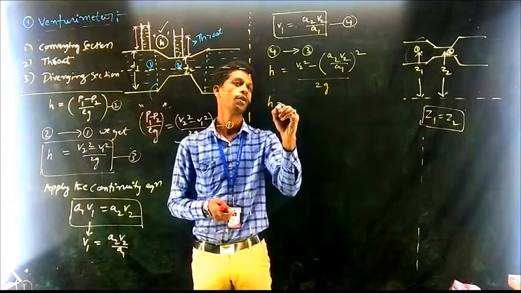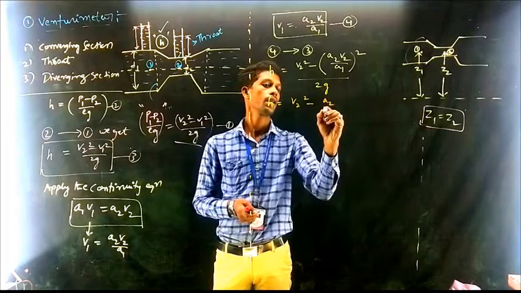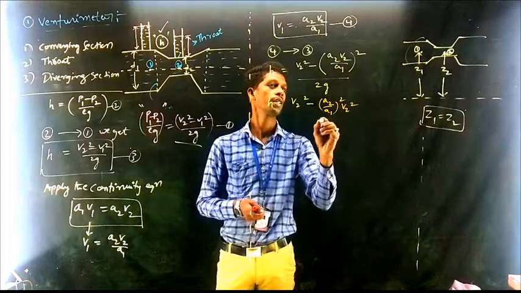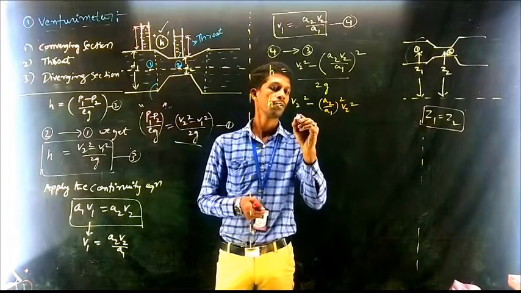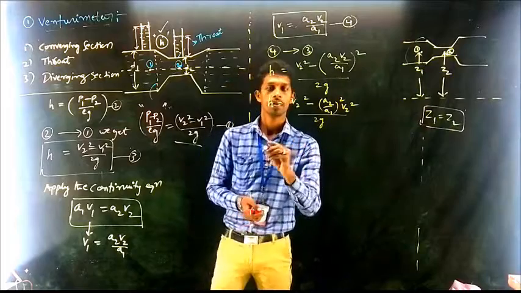So what you will get is V2 square minus A2 by A1 whole square into V2 square, by 2g.